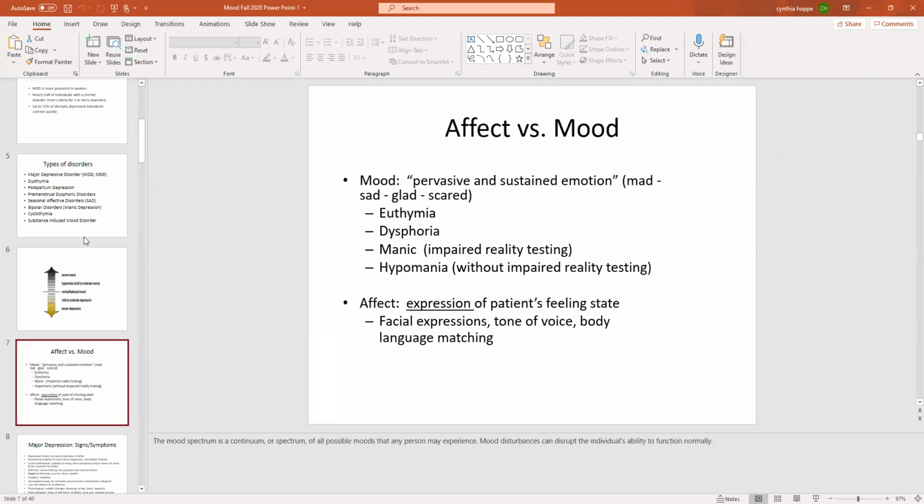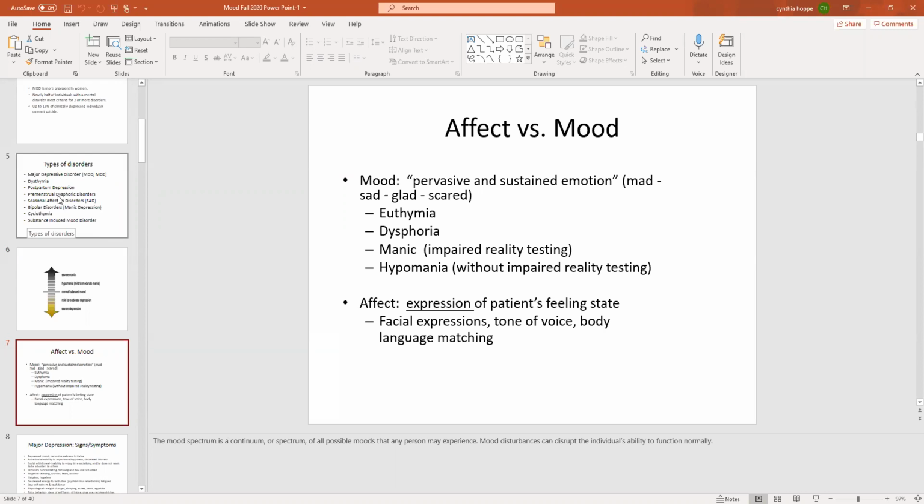I think with the mental status and doing a practice one at least, that mood is an emotional state. And I have a listing of feelings further down in the lecture. And you can use this to help your patients kind of label how they feel. So we talked about euthymia.